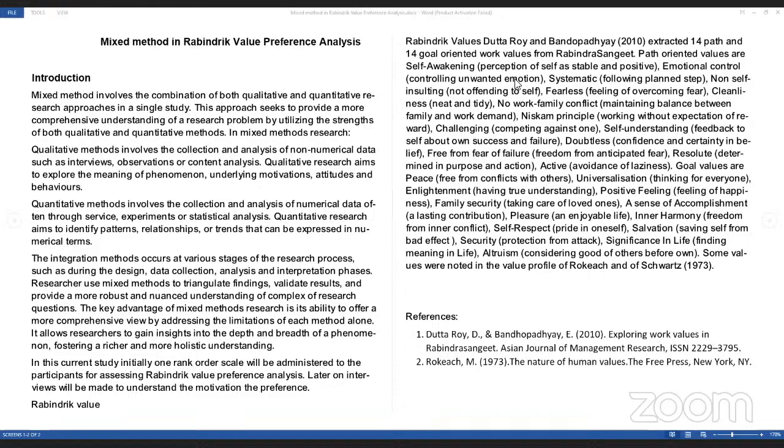Suppose you have noted that a couple, two persons, have very low positive values in the path oriented value, but goal oriented value is strong.